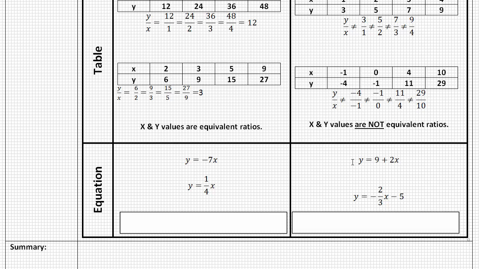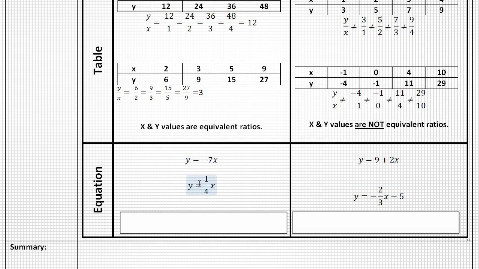What do you see as a difference between this pair of equations and this pair of equations? One thing that I notice is that these 2 equations on the left that are proportional are one-step equations, whereas these 2 on the right are two-step equations.